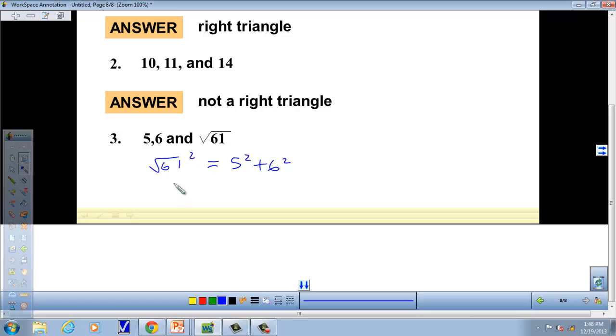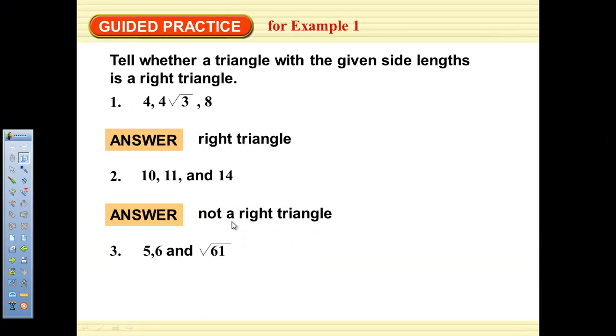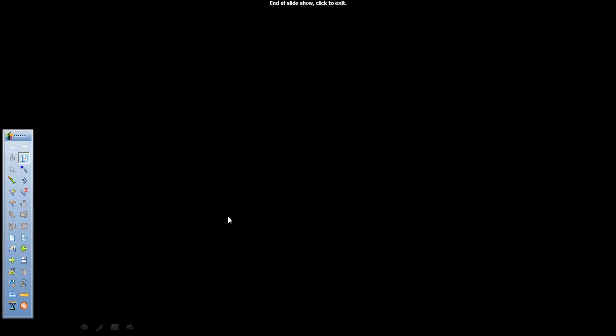Square root of 61 squared gives me 61, because again those two cancel each other out. We have our question mark all the way down. This is 25, this is 36. Over here we have 61, and over here that's 61. So we would say yes, it is a right triangle. Okay? And that's it. Thanks.